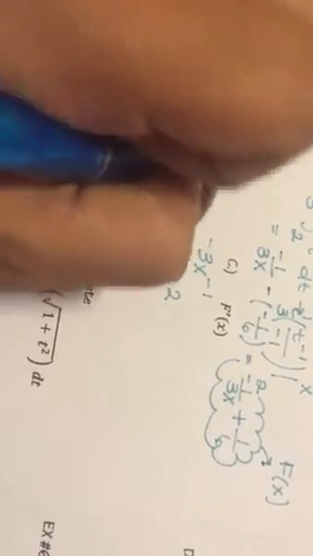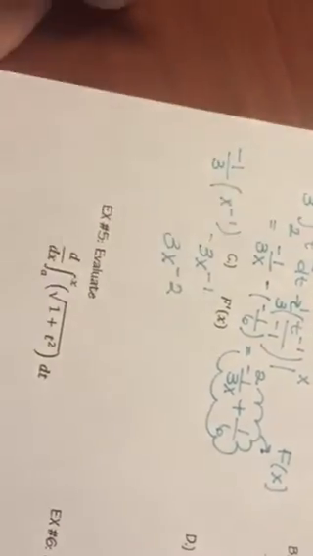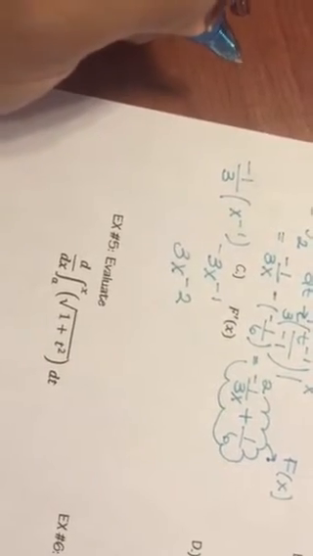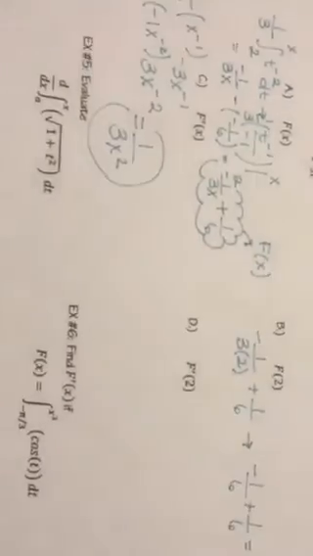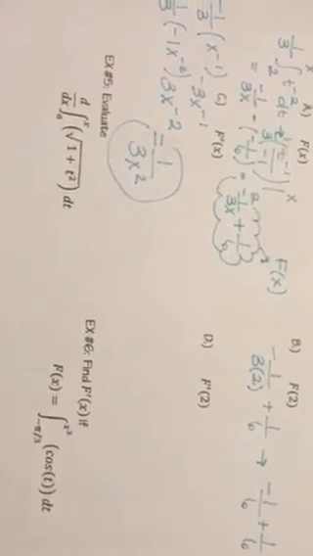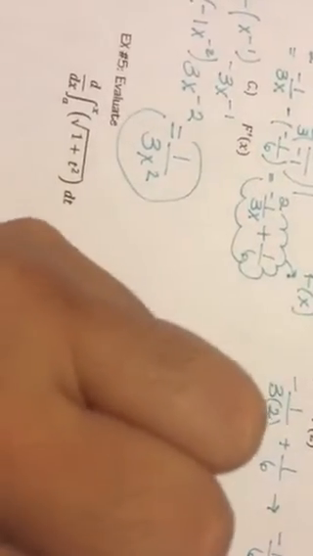Hold on just a second. If I pull out the constant first and then take the derivative of this, that'll give me negative 1/3 times negative 1 x to the negative 2, which then gives me 1/3 x squared. This is your derivative. Well, now it wants you to use your derivative and substitute in 2. So 1/3 times 2 squared gives you 1/12.